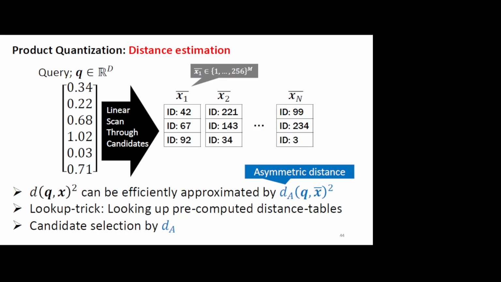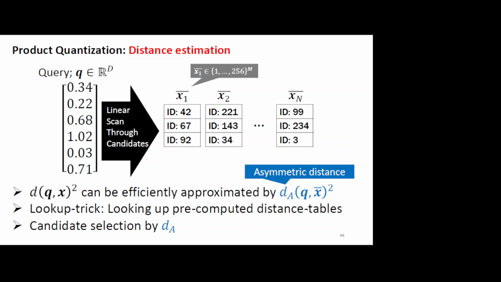You just repeat for the second part, for the third part, with the same idea, and then sum all their distances together. You will get an approximate distance. It's not very accurate, but it's approximate. Okay, so we can find its approximate distance very efficiently by using the lookup tables.